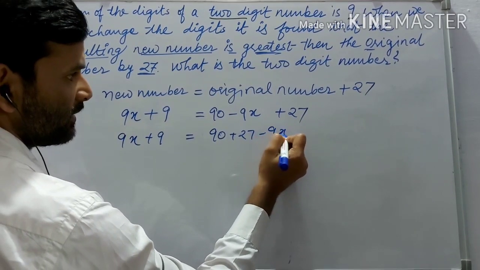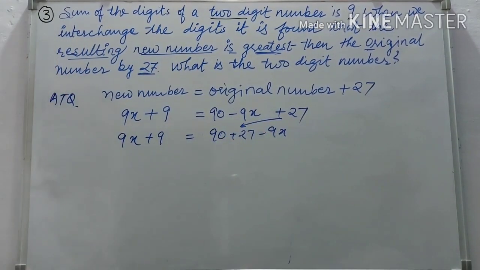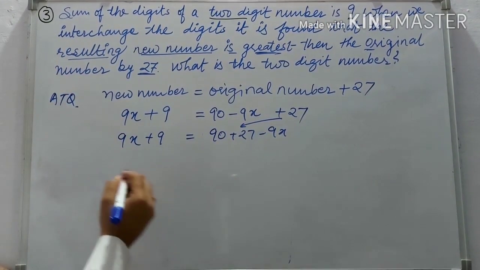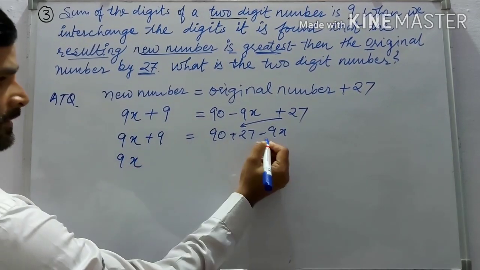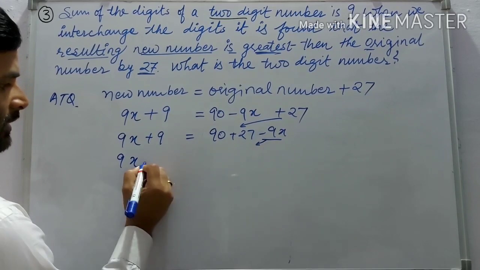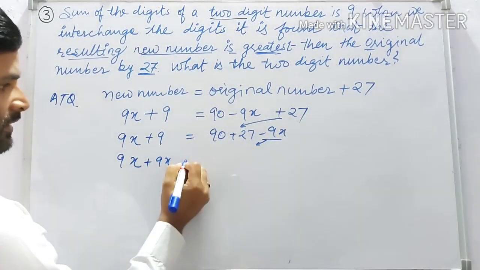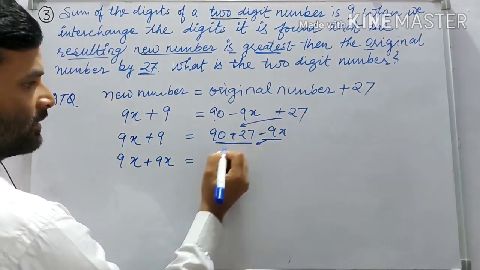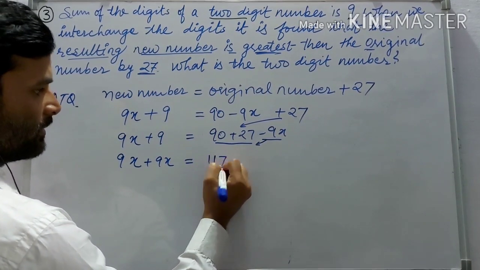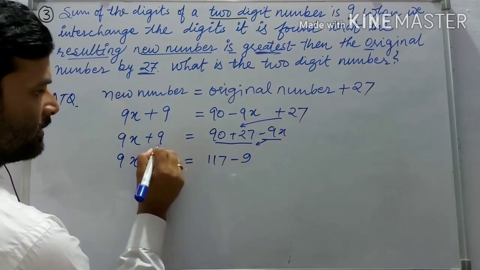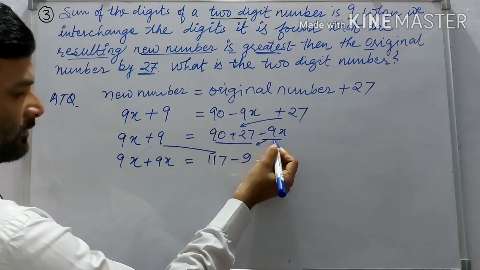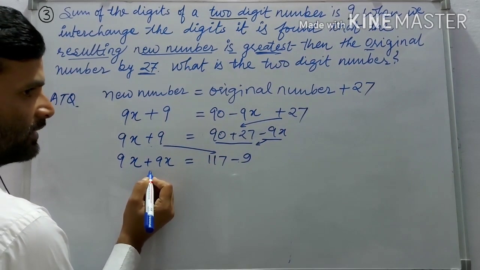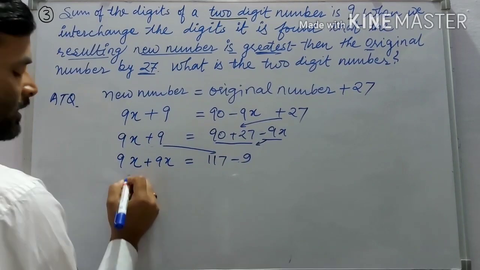We transfer the 9x from right to left as plus 9x, and transfer the 9 from left to right as minus 9.